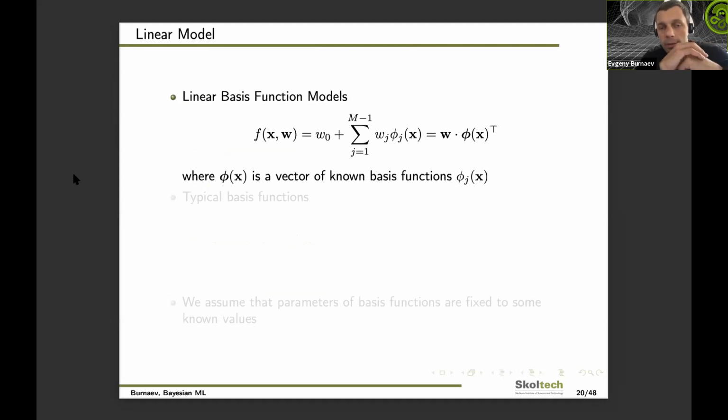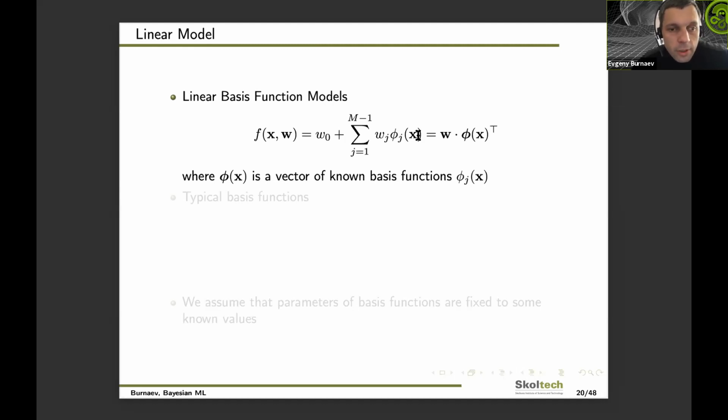Before going into details with the Bayesian linear regression, let us discuss the general definition of linear models, because I will use this definition throughout the lectures. So linear basis function models are given by this formula.